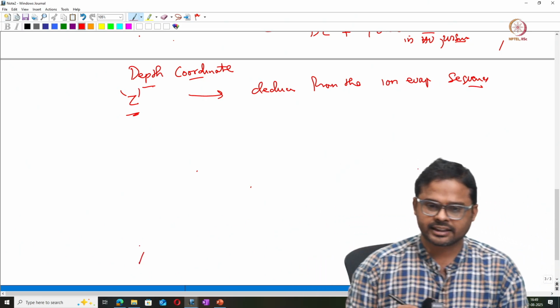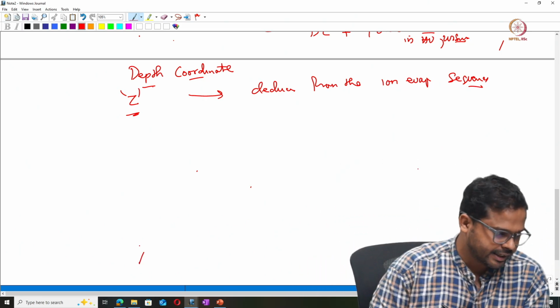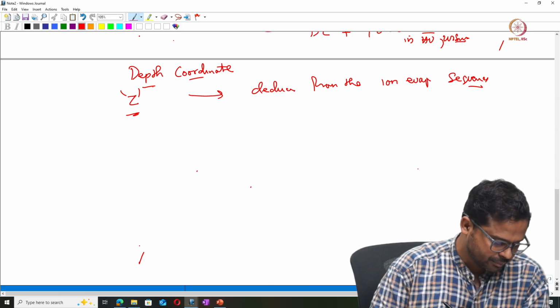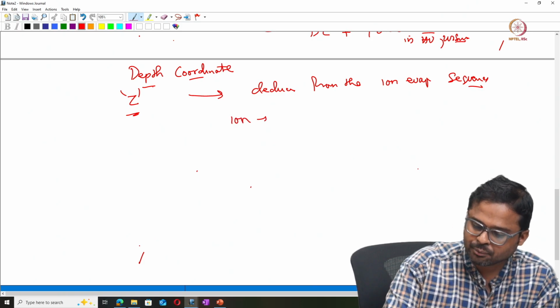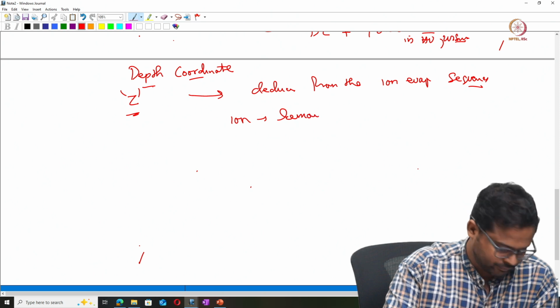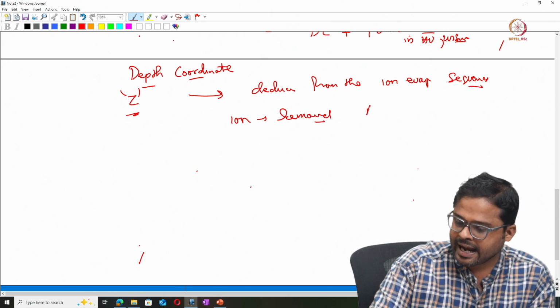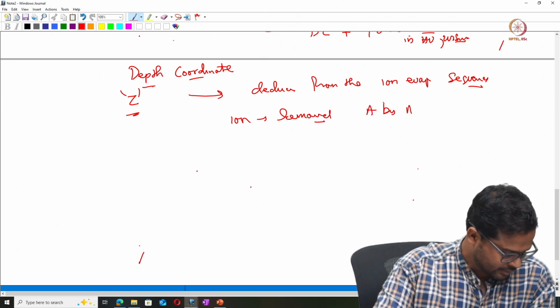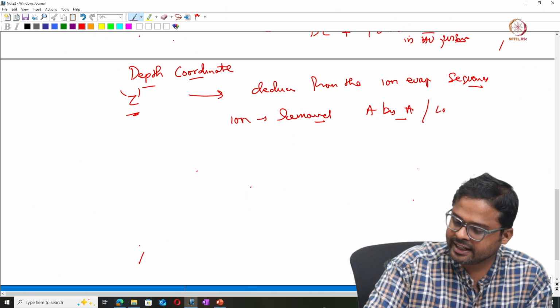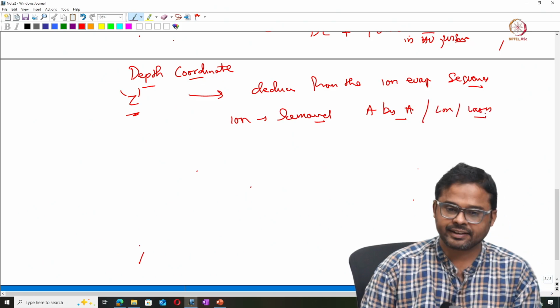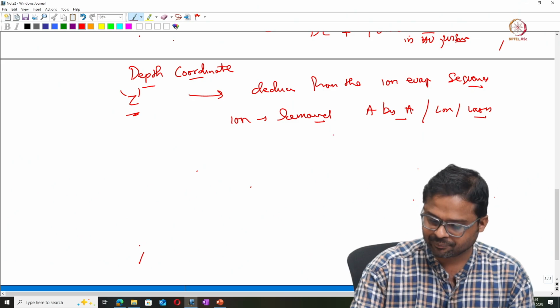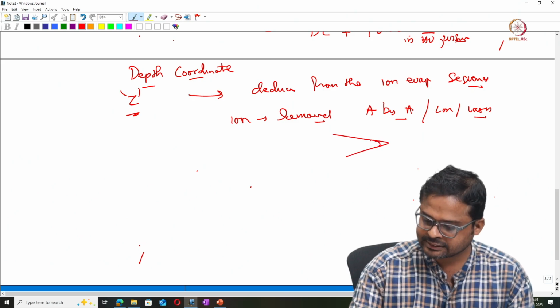Just now we described the importance of the sequence of atoms, correct? So this is deduced from the ion evaporation sequence. As the ions are removed atom by atom, or we can say layer by layer, the specimen surface becomes farther from the detector.